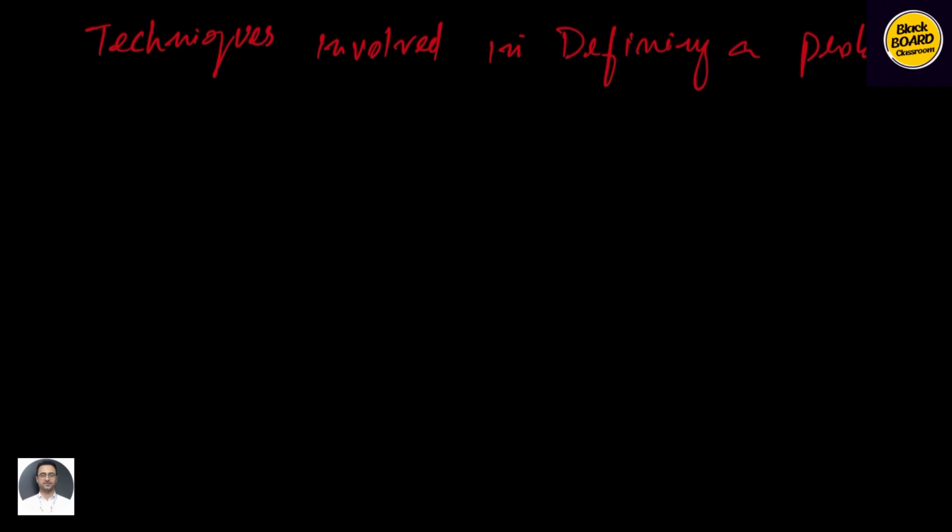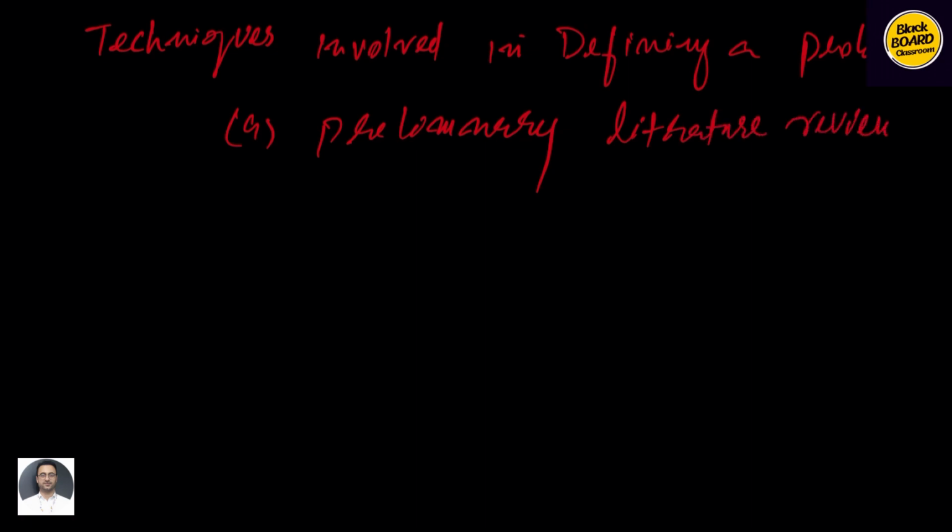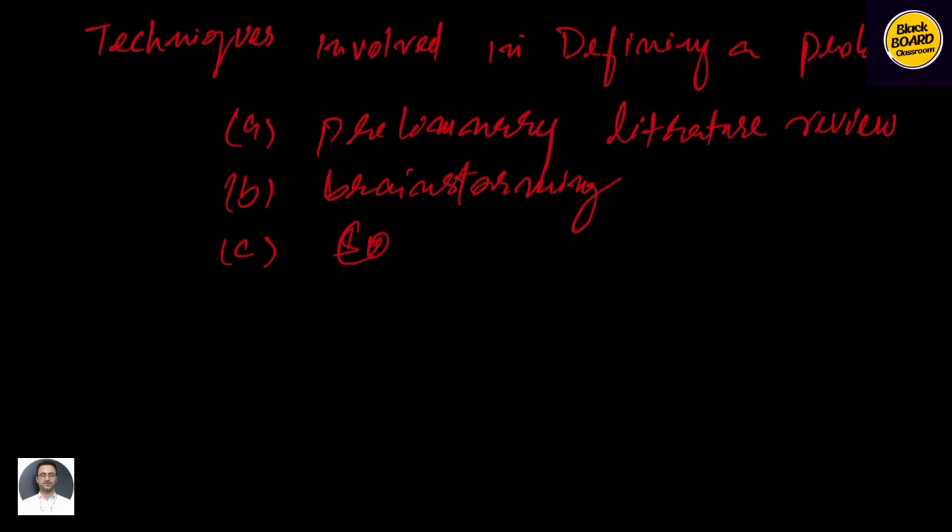There are not many techniques through which you can define a problem, but defining a research problem typically involves a systematic approach, which may include conducting a preliminary literature review, brainstorming, or consulting experts in the relevant field.